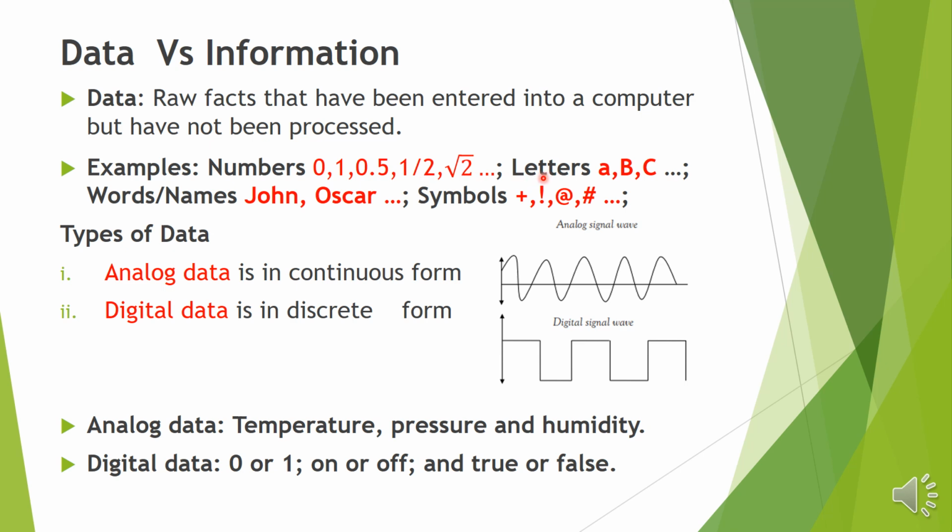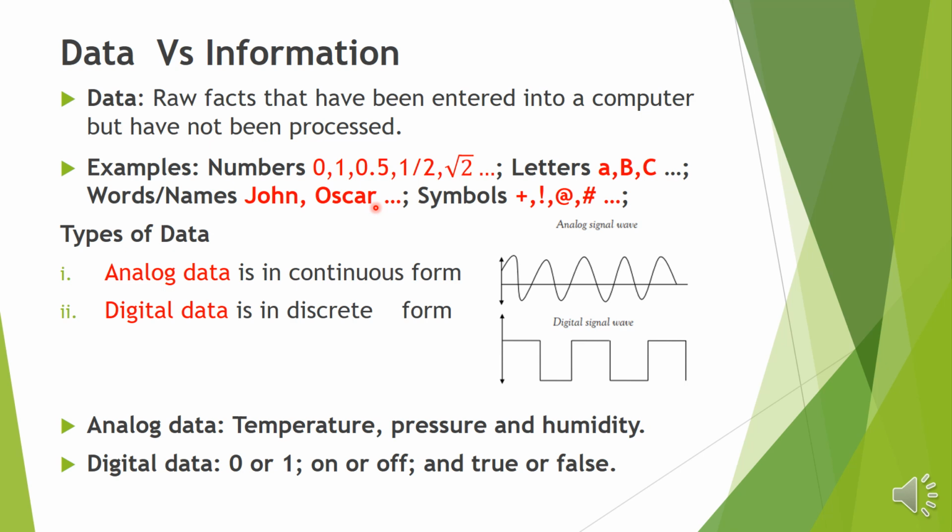We have also letters including vowels and consonants. All letters are known as data, or just letters, text, words like John, like Oscar, and so on.